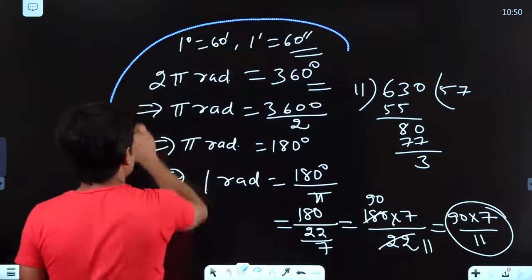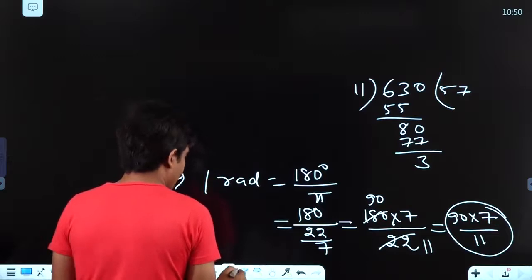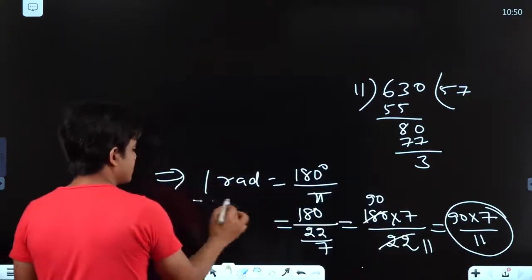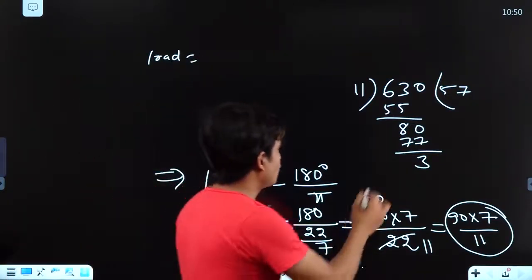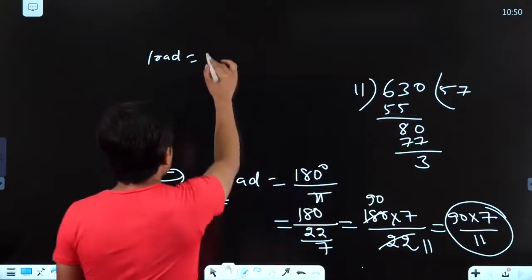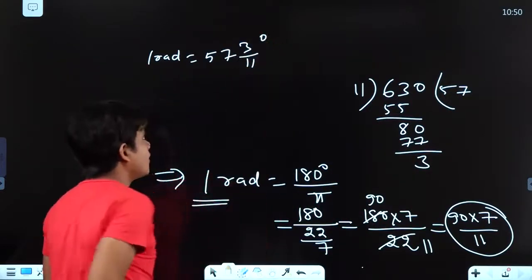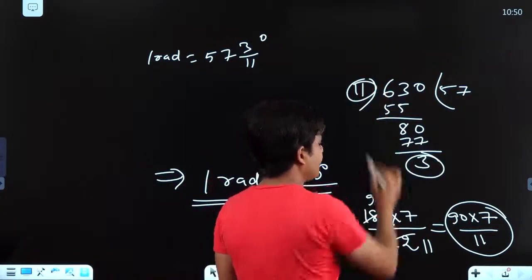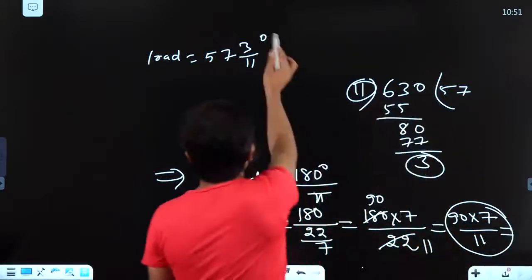Let me erase this, and then we can see the calculations over here. So we can see that 1 radian is equal to 57 and 3 by 11 degree. This can be written in terms of this.